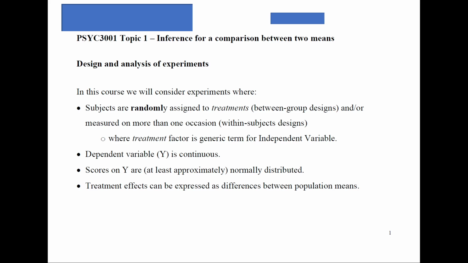So what we do is we'll start off firstly with this slide that's on the very front page, which is the design and analysis of experiments. And what we've got is we take subjects. Subjects are just people or participants who are willing to be involved in the research that we're trying to conduct.